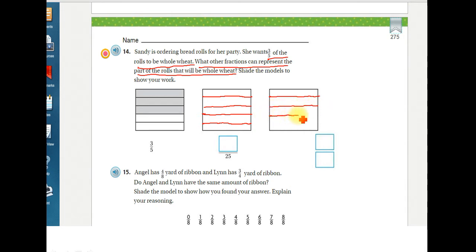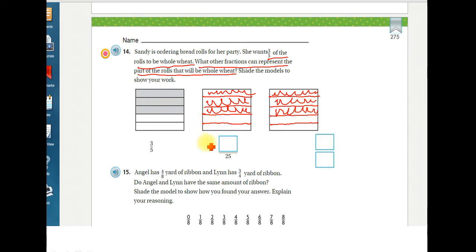Again, I'm going to try to do it the best I can, but knowing that it won't be 100% perfect. Okay. Now, I know that the amount shaded is going to be this part up here. This one, this one. Just like there were 3 shaded here, same thing here. Shaded, shaded, shaded.